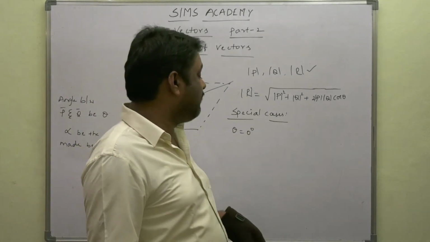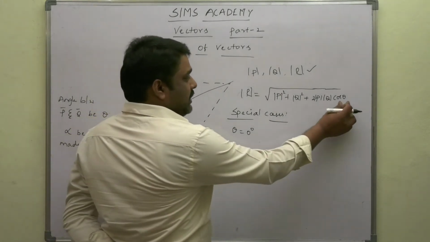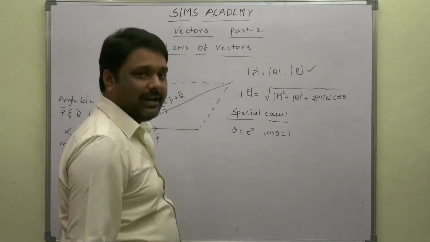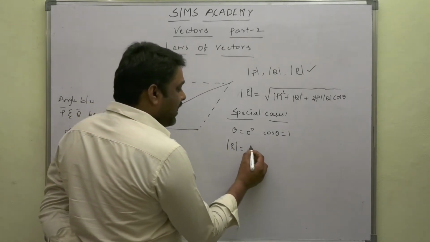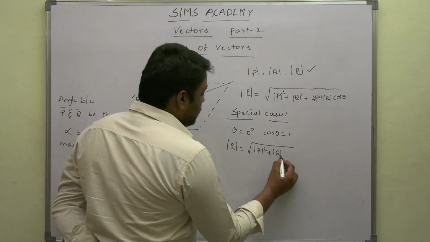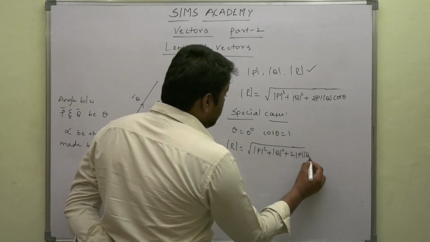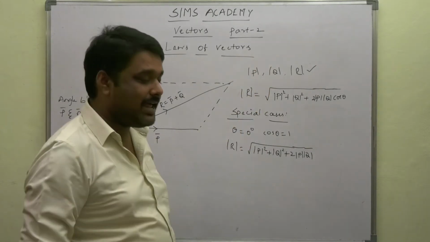Then what is the cos 0 value? Cos 0 value is 1. Then we get modulus of R equals the square root of P square plus Q square plus 2 mod P into mod Q, where cos theta is 1.